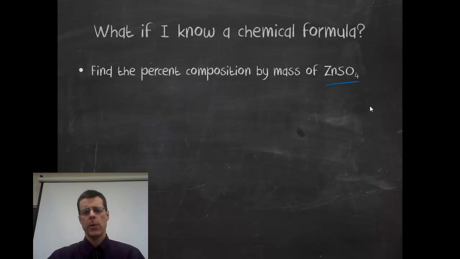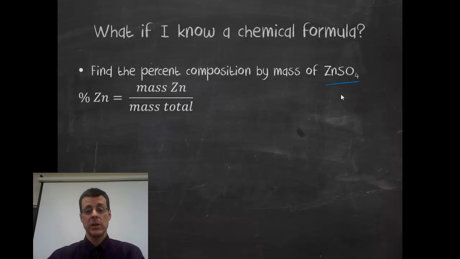So here's a possibility. We probably haven't done the nomenclature of this, so I can't tell you it's zinc sulfate, but this compound here is zinc and sulfur and oxygen. Well, I'm actually going to do the same thing. I'm going to need the total mass, and I'm going to need the mass that zinc contributes. Well, how do I do that?